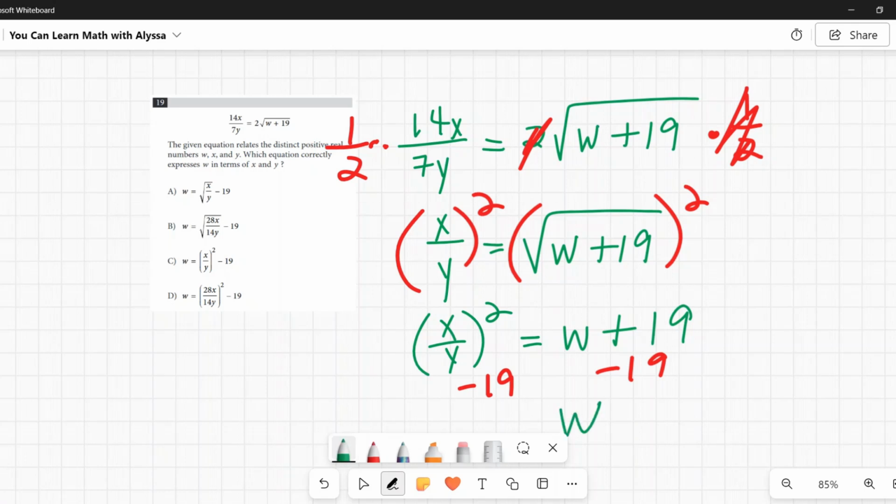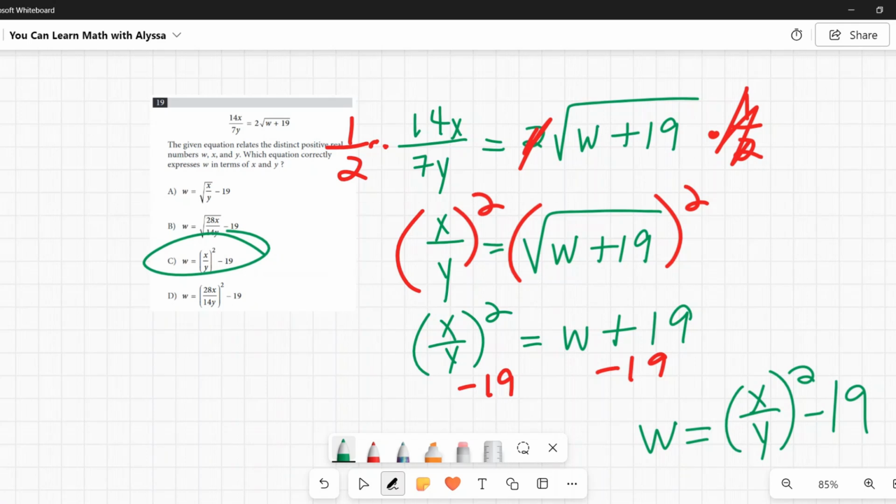And now my w is by itself. What do I have? I have x over y squared minus 19, and that is w. Let's look over at our options, and there it is. C: w equals x over y, all in parentheses, squared, minus 19.